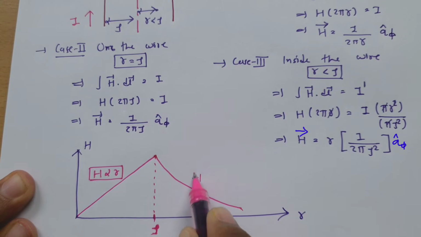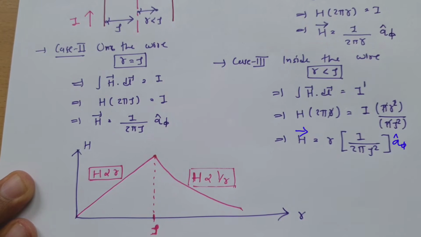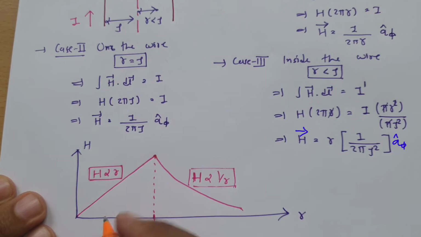So one can see the magnetic field intensity is proportional to 1 by r outside the wire. Inside the wire, the magnetic field intensity is proportional to distance r.